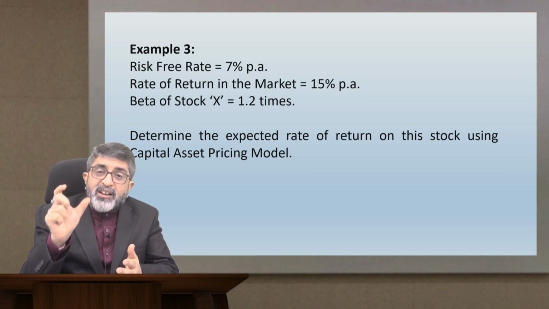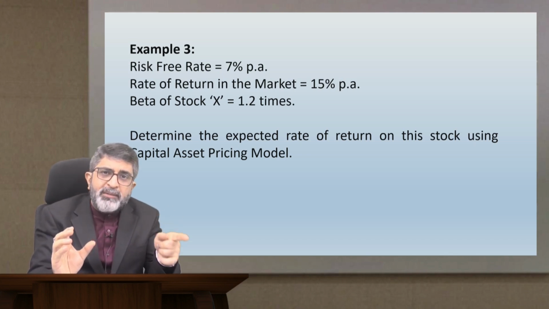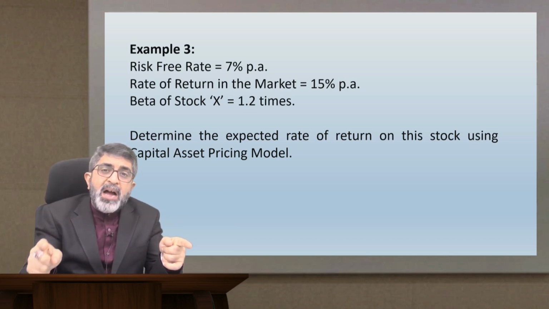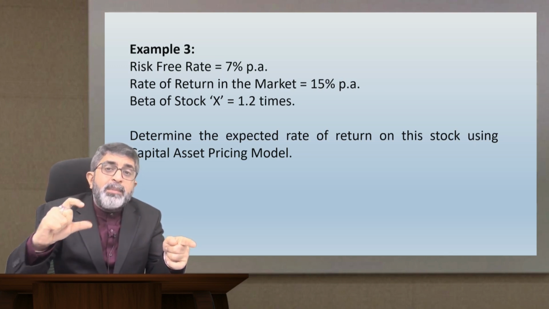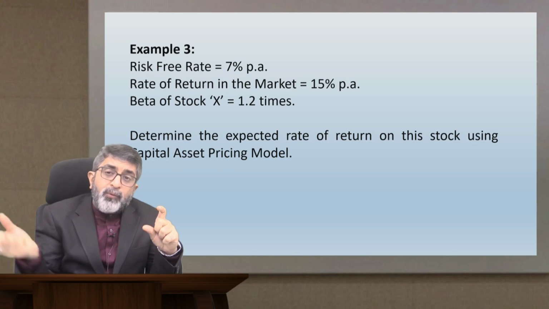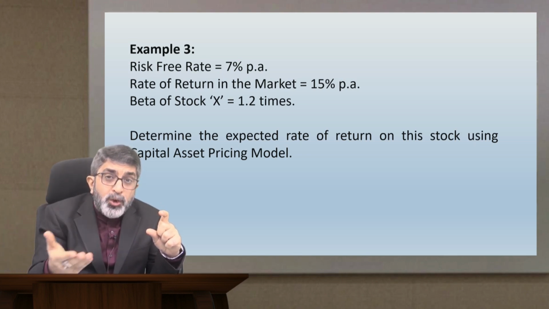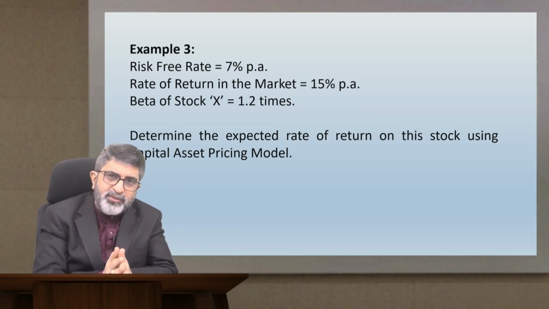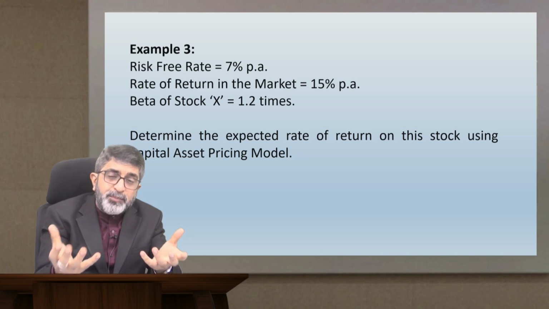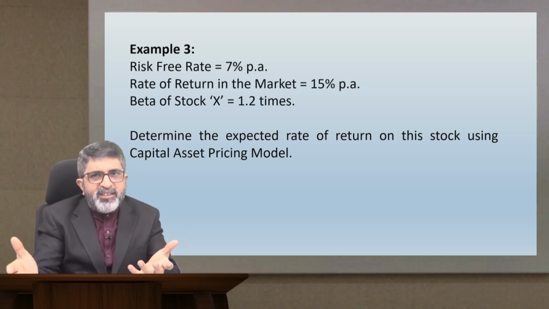Which indicates that the risk of your stock is 1.2 times the risk prevailing in the market. So for the market equivalent risk, you deserve a premium of 8%. So for 1.2 times the risk, the premium that you should be earning is 8% into 1.2 times. That would be 9.6%, correct? 8% into 1.2 times will be 9.6%.